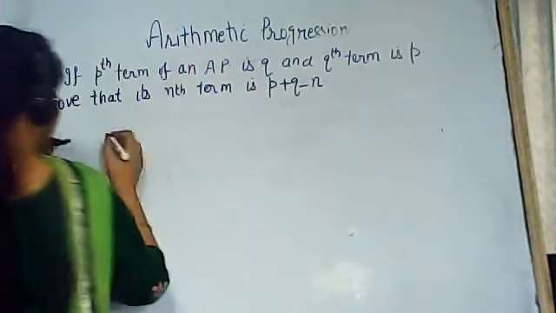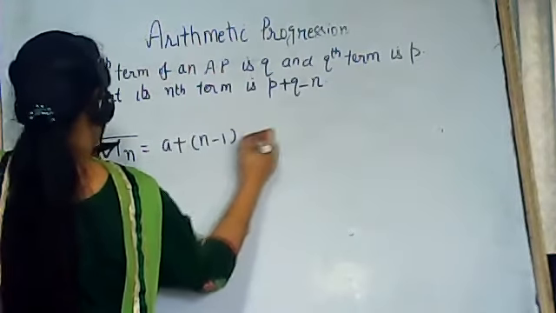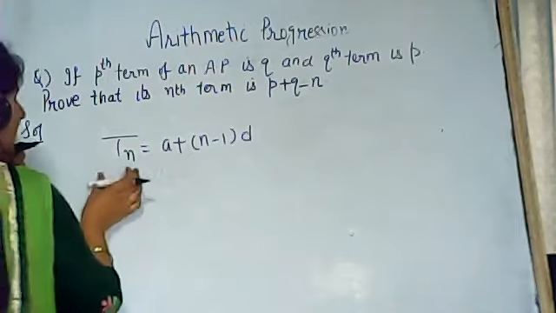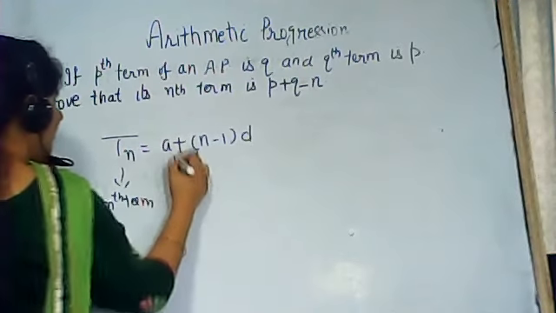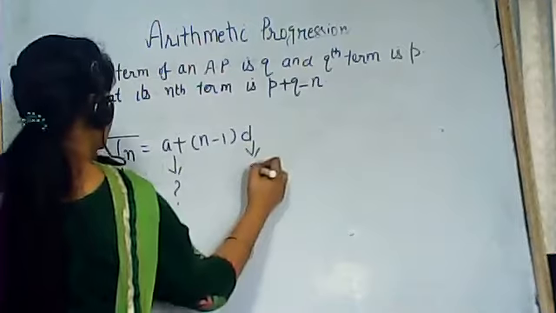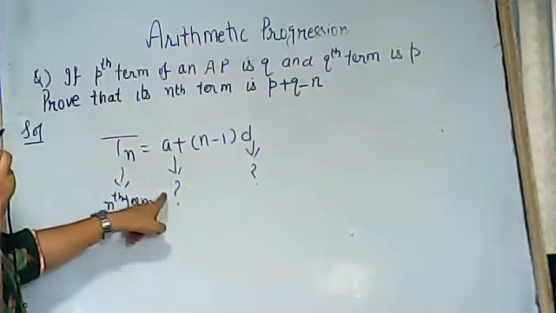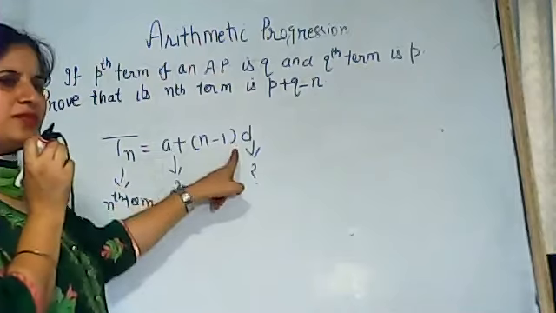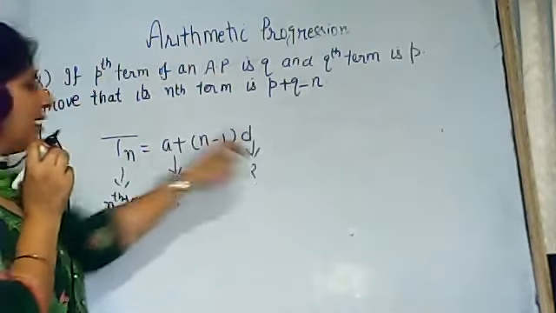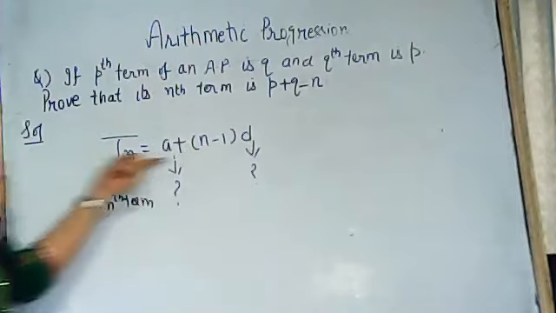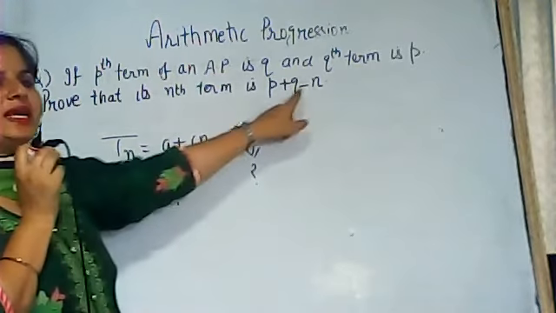So beta, first of all, since we know that the nth term is equal to A plus N minus 1 into D, to calculate the nth term we need the values of A and D. Firstly, we want to calculate the value of A, which is our first term, and the value of D, which is the common difference. When A and D are available, we substitute their values in the nth term, and after simplifying, we shall get this result.